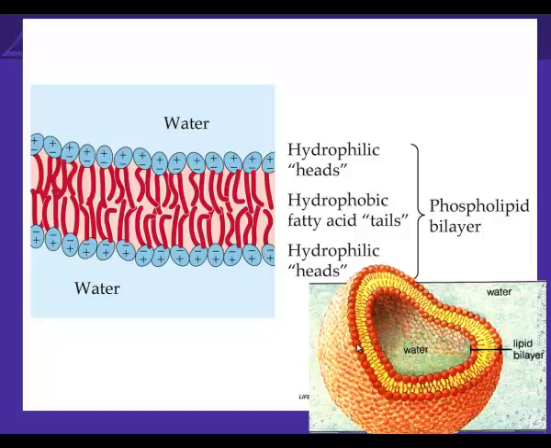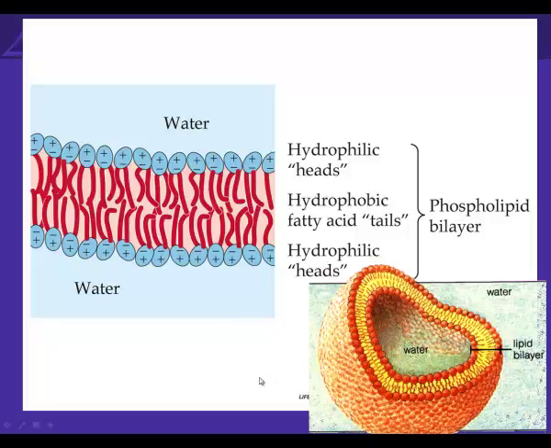If you take phospholipids and you put them in water, they will spontaneously arrange into a bilayer. So it's a layer of two different rows of phospholipids, and they arrange themselves so that their hydrophilic heads are pointing out and in contact with the water, and the hydrophobic tails are pointing to the inside. They'll do this spontaneously.